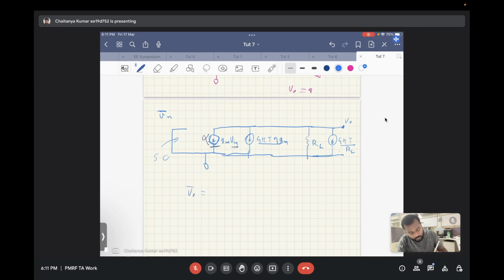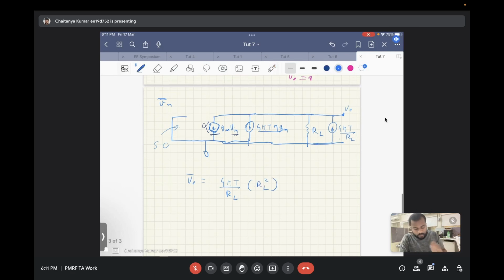the power at Vout is 4kT by RL times, where will this noise current go? This noise current will go into this resistor RL, and we will have RL squared.